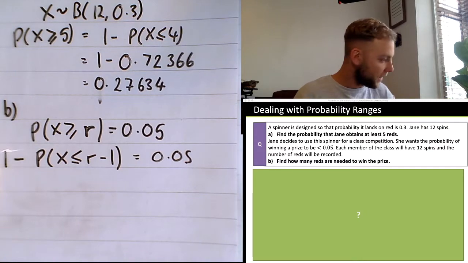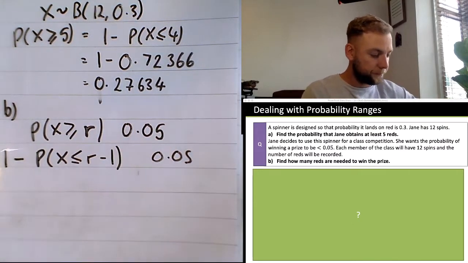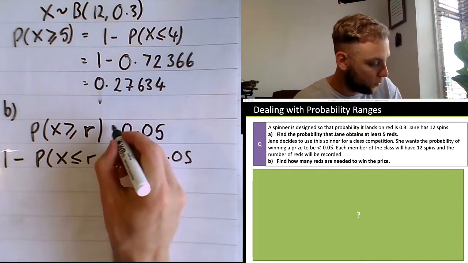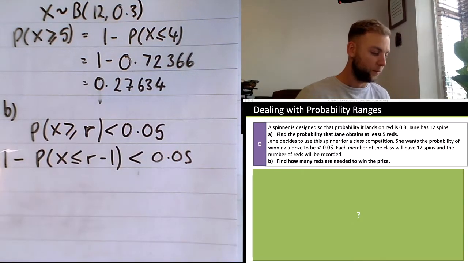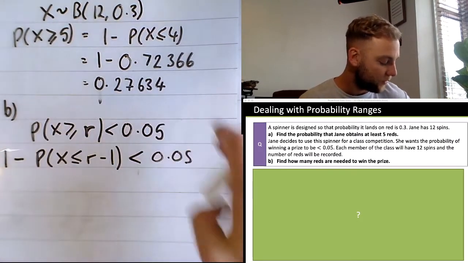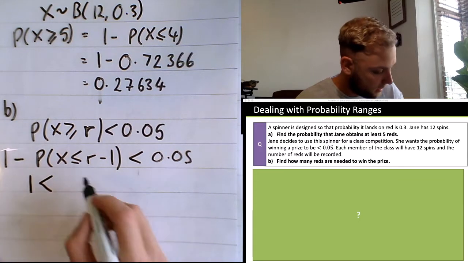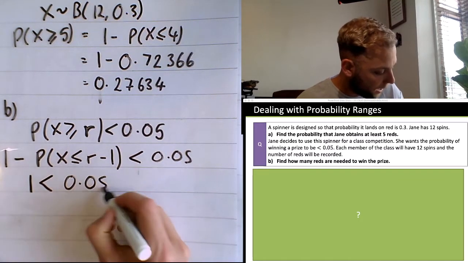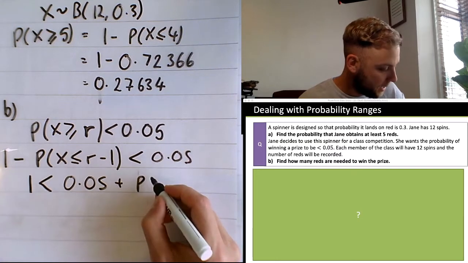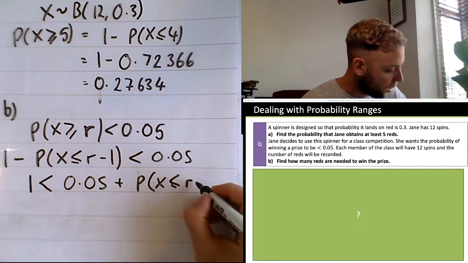So let's make this positive and pull this back. Now, I've actually made a mistake here. We want it to be less than 0.05. Because when I take that over to this side, I'm going to end up with 1 is less than 0.05 plus P, the probability of X being less than or equal to R minus 1.